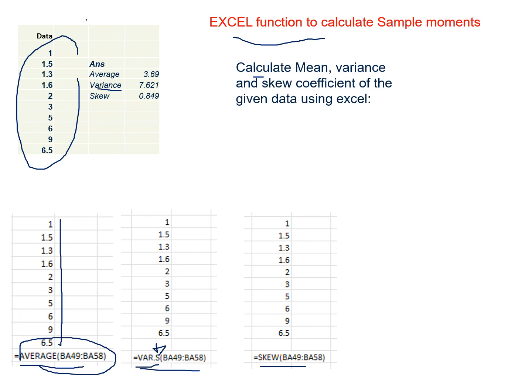Here we have 10 years of data. It may be any variable, but you have 10 years of data, and now we can calculate mu, sigma, and the skewness coefficient. You can calculate all these three using Excel functions as well.